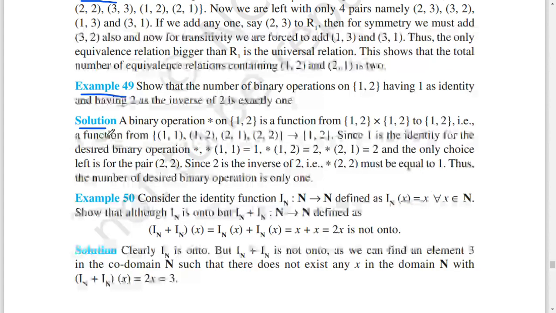Since 1 is the identity for the desired binary operation *, 1 * 1 = 1, 1 * 2 = 2, 2 * 1 = 2, and the only choice left is for the pair (2, 2). Since 2 is the inverse of 2, 2 * 2 must be equal to 1. Thus the number of desired binary operations is only 1.